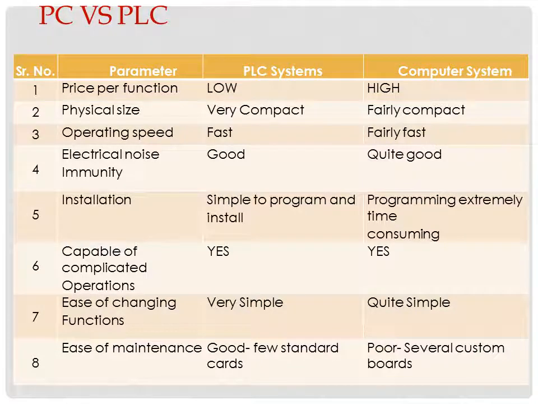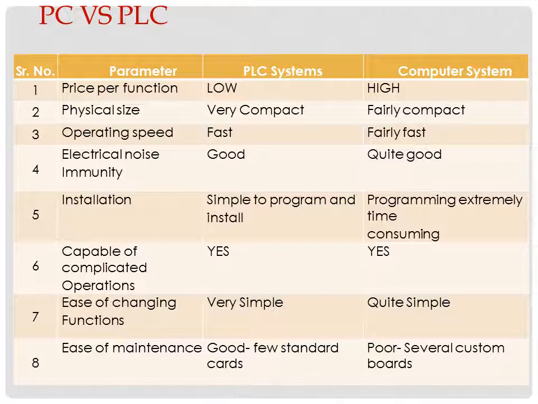PC versus PLC. Here are some parameters to differentiate between the PLC system and the personal computer system. The price per function for the PLC system is low, and for the computer system the price is high.